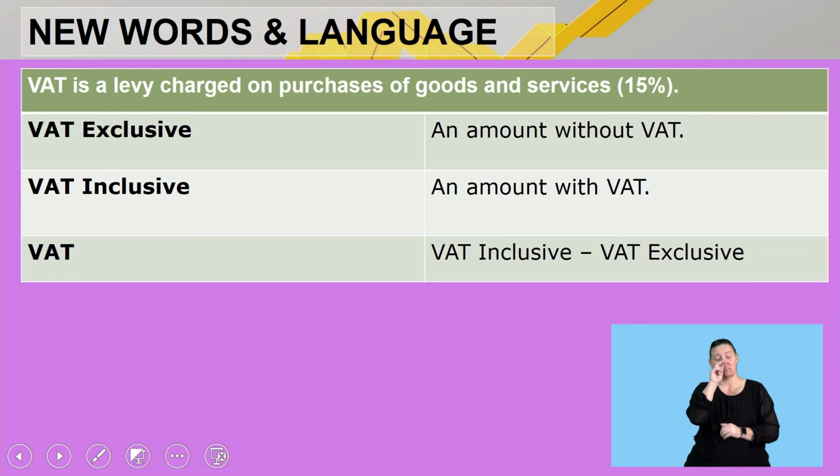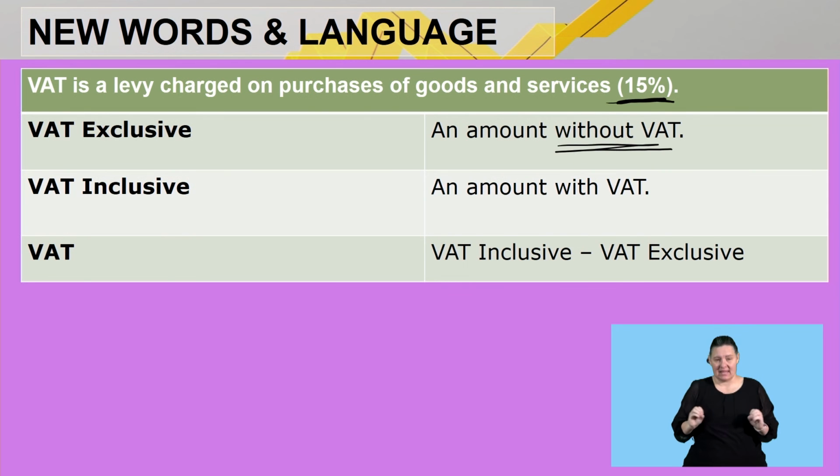Right. Now looking at the terminology that we should remember. VAT is a levy that is charged on purchases of goods and services, and it is levied at 15%. We must also know that VAT exclusive is an amount without VAT. It means VAT has not yet been added to that amount.